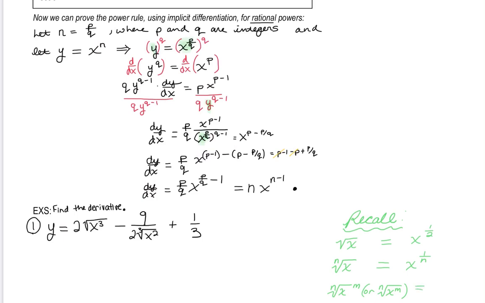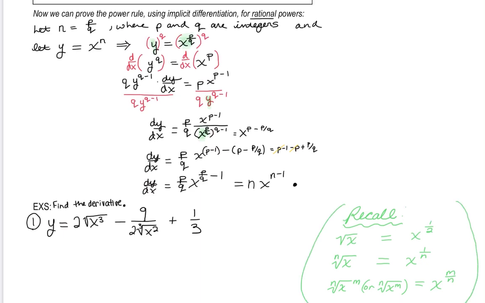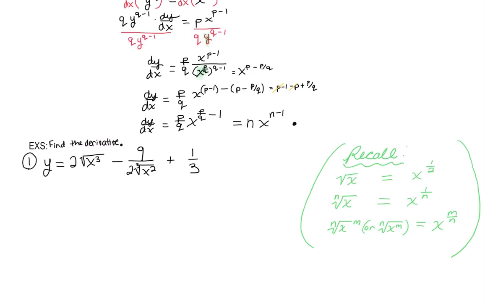But this is x to the m over n. So you need to remember this. One of the things that students sometimes do struggle with are the basics of moving between rational exponents and radicals, and then sometimes they confuse that with negative exponents, so we need to make sure we're able to do these things efficiently here.